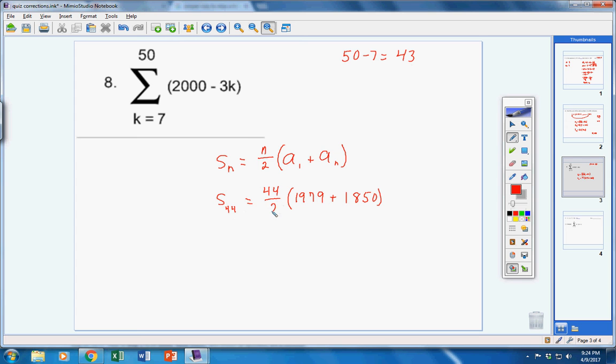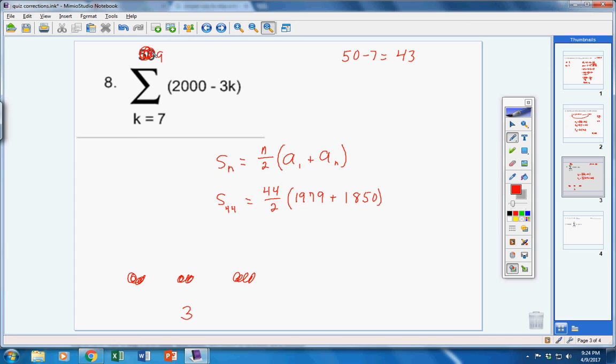Now you might say, Mr. Earhart, why do we add 1? Well, pretend for a second we had a 7 here and a 9 here, okay? So we put a 7 in, get out a number. Put an 8 in, get out a number. Put a 9 in and get out a number, right? How many terms would I have? 3. But yet when you take 9 minus 7, you only get 2.